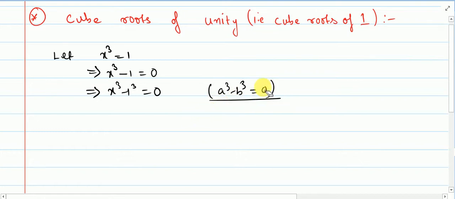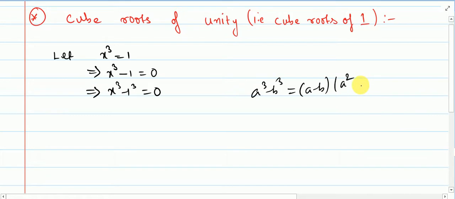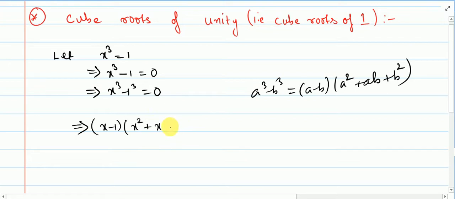You know that a cube minus b cube can be written as (a minus b)(a square plus ab plus b square). So this can be written as (x minus 1)(x square plus, here a is x, b is 1, so we get simply x, and here 1 square means 1) equal to 0.